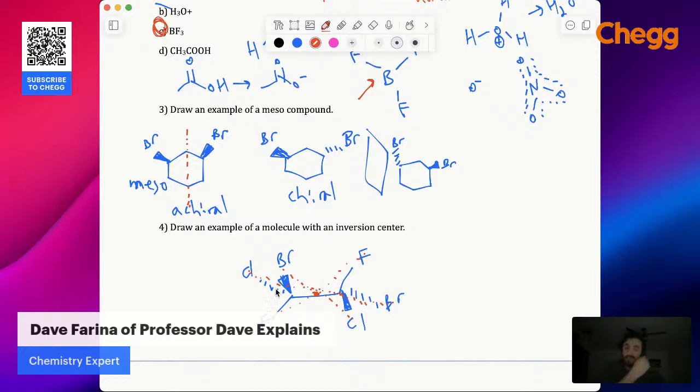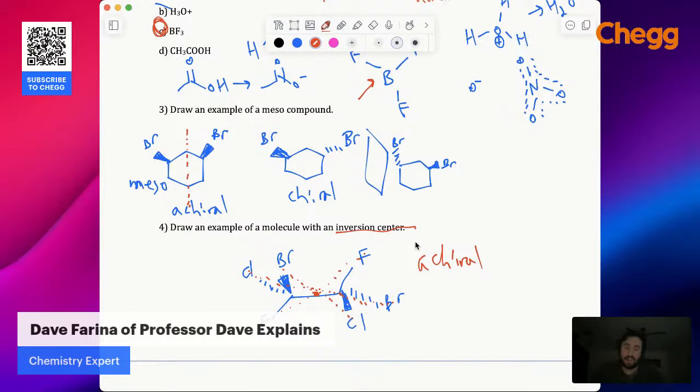So every atom, and obviously the carbon sees itself across the carbon-carbon bond. Every atom sees itself across the inversion center, and that makes this achiral overall because of the inversion center.